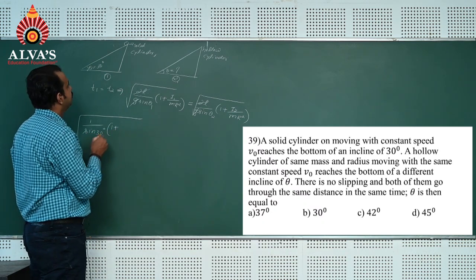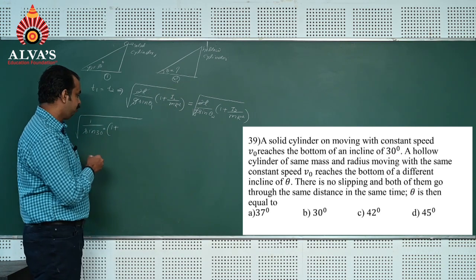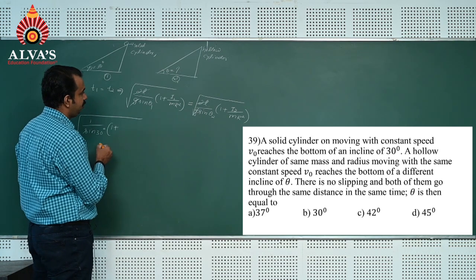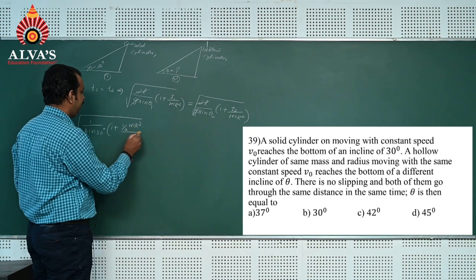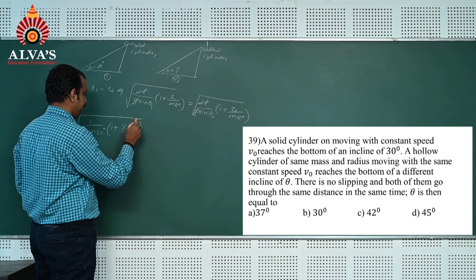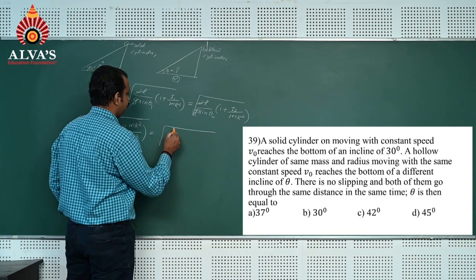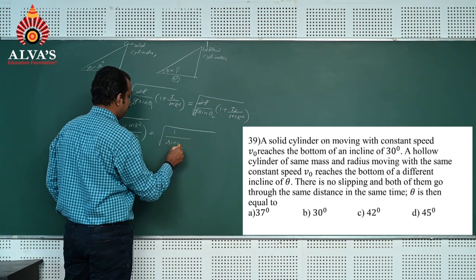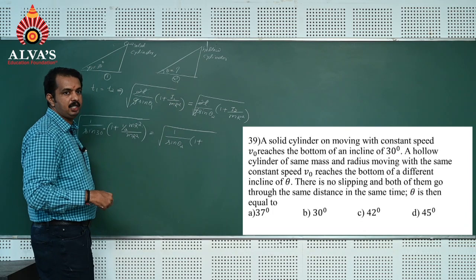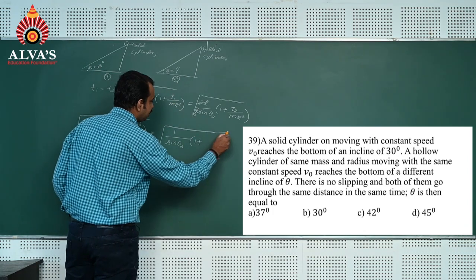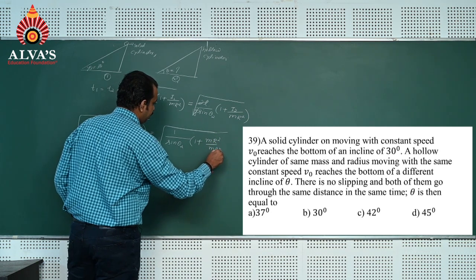It is 1 plus, for the first one, solid cylinder, we can use the moment of inertia formula, half m r square divided by m r square, which is equal to root of 1 by sin theta 2 into 1 plus the moment of inertia of a hollow cylinder, which is the moment of inertia of a circular ring, m r square divided by m r square.